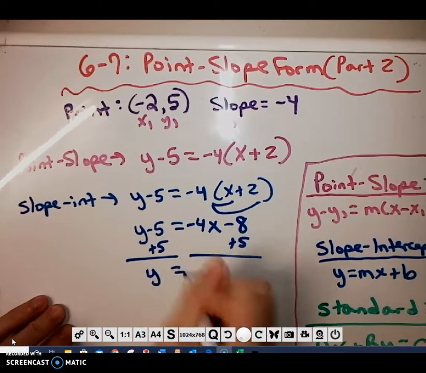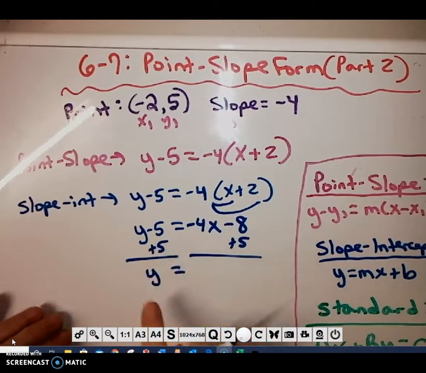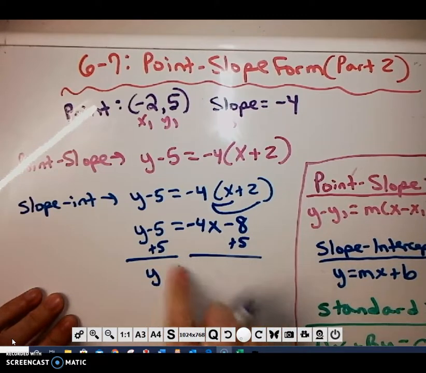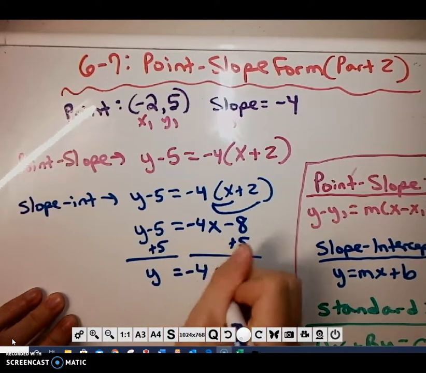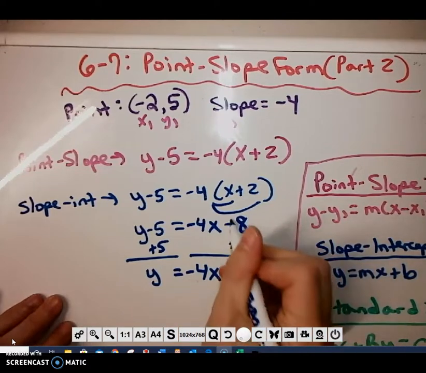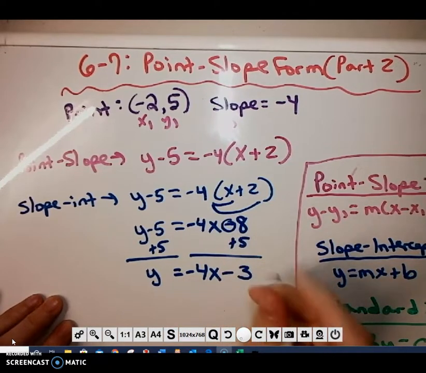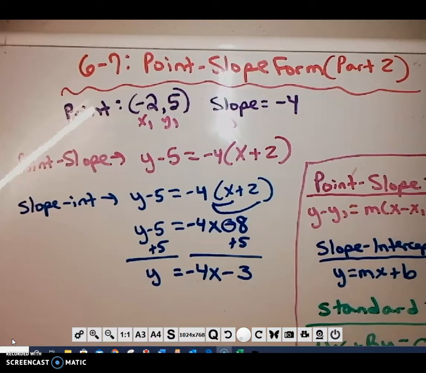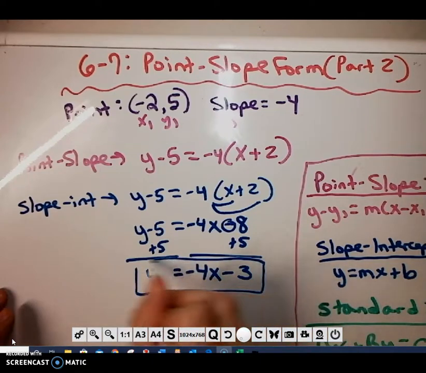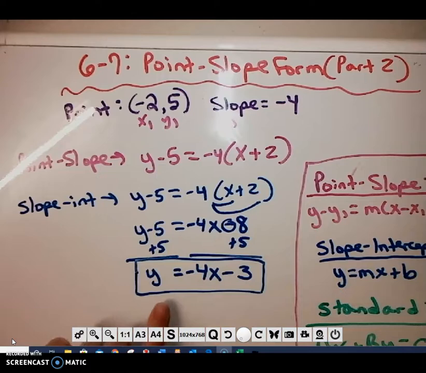Negative 5, positive 5 cancel, so I get y equals negative 4x, negative 8 plus 5. Subtract, keep the sign of the larger number, and it's going to be negative 3. So here is my answer in slope-intercept form.